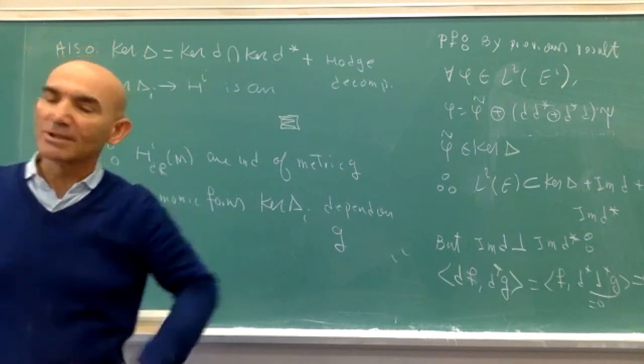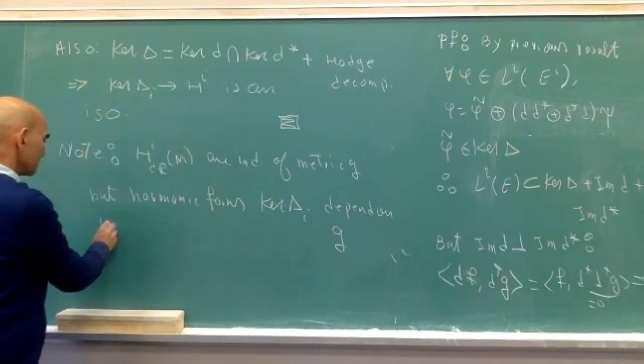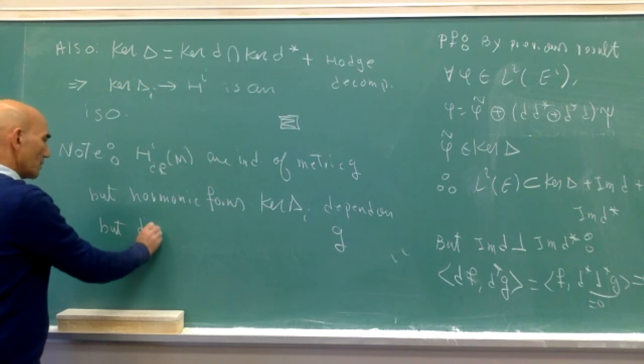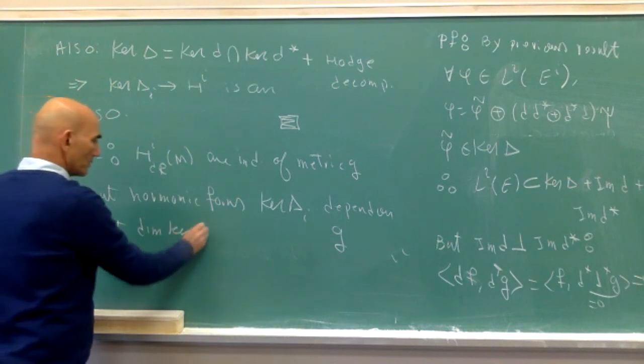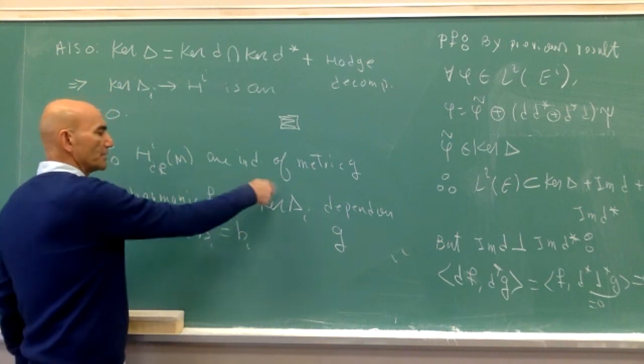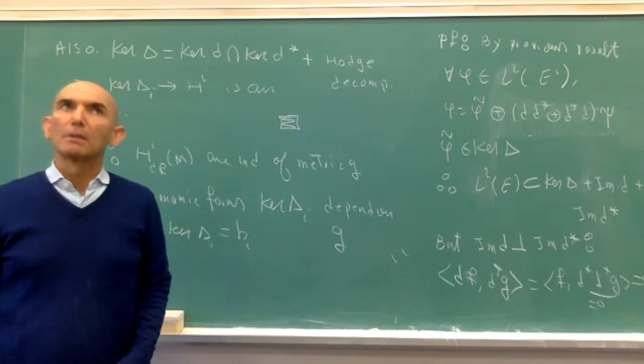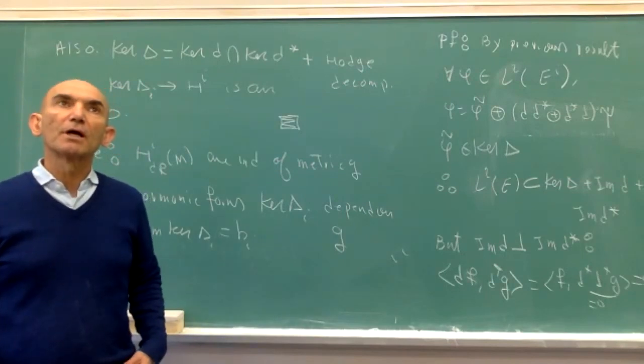It's really a topological invariant. It depends on g, but the dimension of the kernel of delta i is the ith Betti number, which is independent of the choice of metric. That's one thing we have to realize.